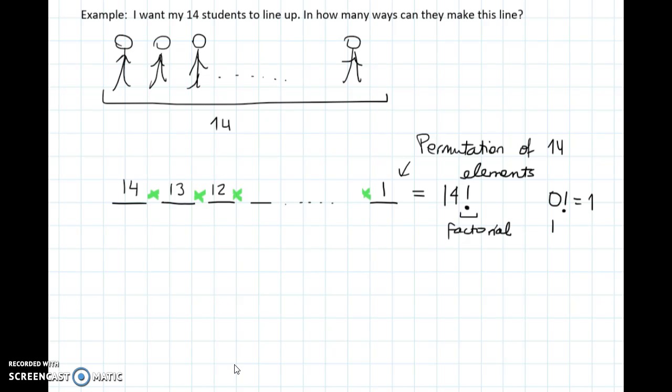Let me write a few more. 1 factorial is equal to 1, 2 factorial is equal to 2 because it's 2 times 1, 3 factorial is equal to 6 because it's 3 times 2 times 1, 4 factorial is equal to 24, and 5 factorial is 120. I don't remember them by heart anymore, and that's okay because you can find these very quickly using your calculator.